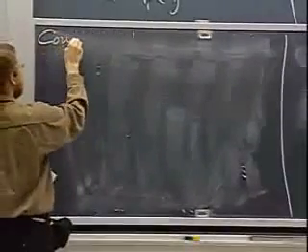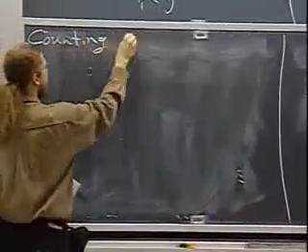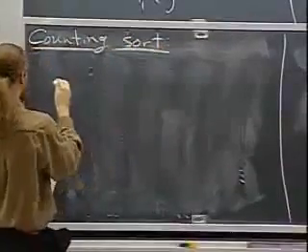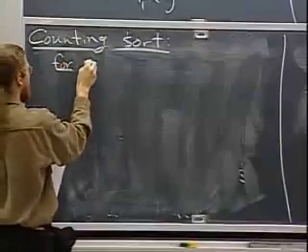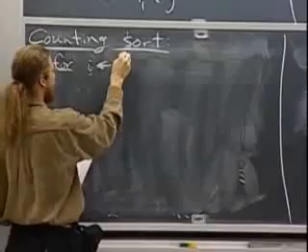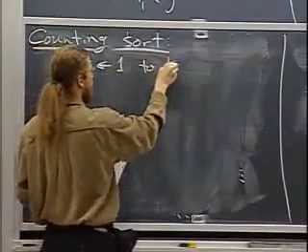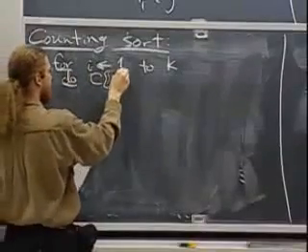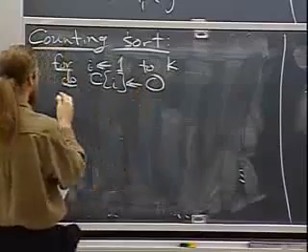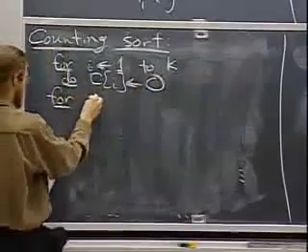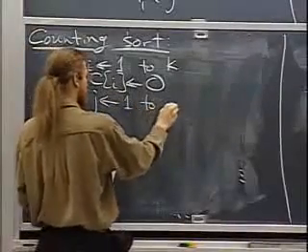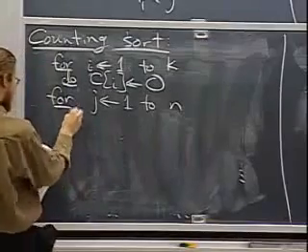So let's see the algorithm. This is counting sort. It takes a little while to write down, but it's pretty straightforward. First we do some initialization. Then we do some counting.